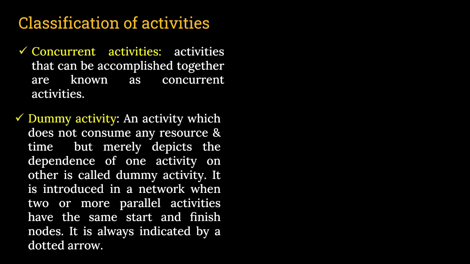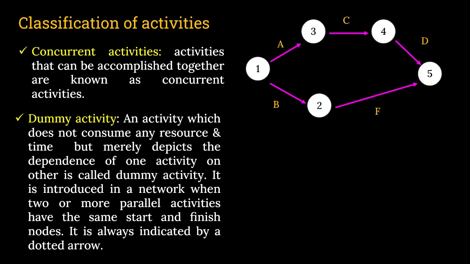An activity which does not consume any resource and time but merely depicts the dependence of one activity on another is called a dummy activity. If we check this diagram here, let us take this.